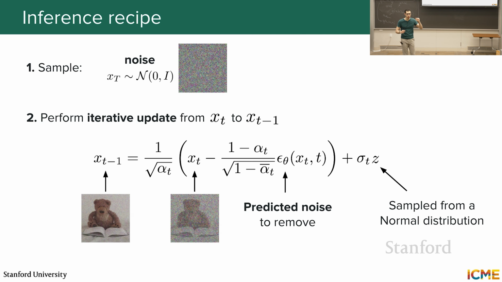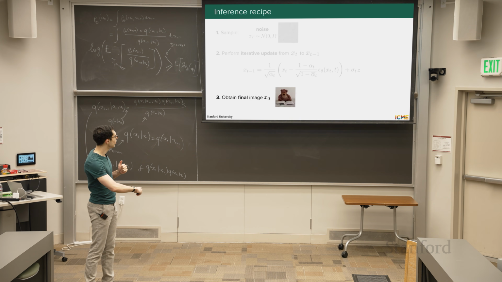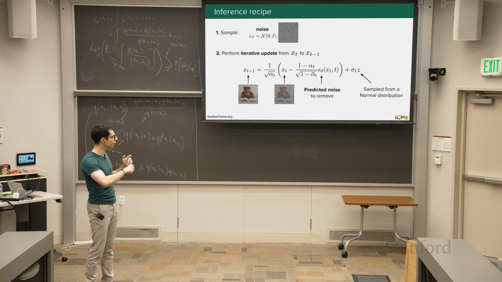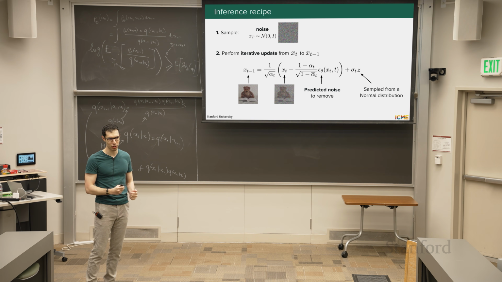And then you add some noise on top of it, because let's remember that p theta of xt minus 1 given xt is a normal distribution. So the noise here just corresponds to the standard deviation of that distribution. And when you do that from big T to 0, you then obtain your clean image.